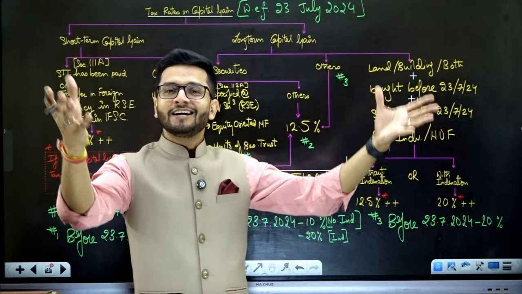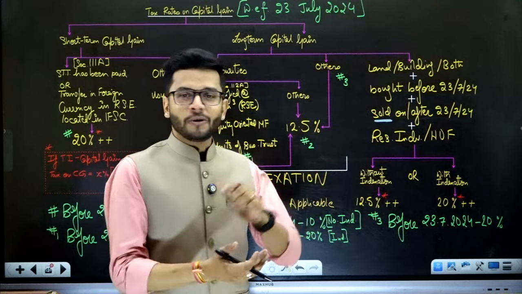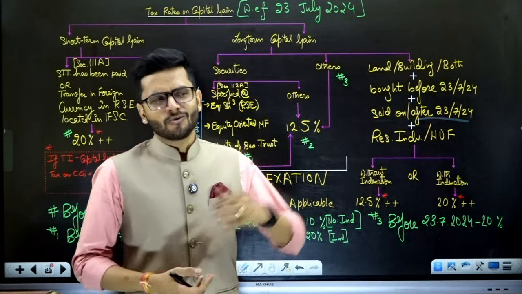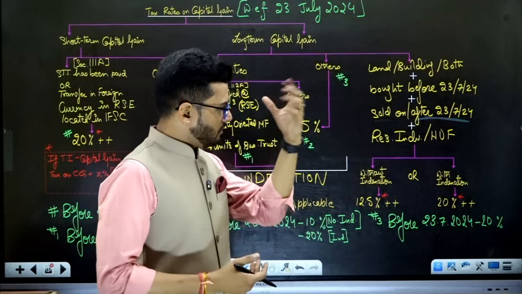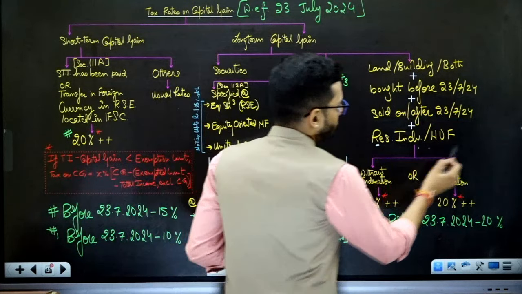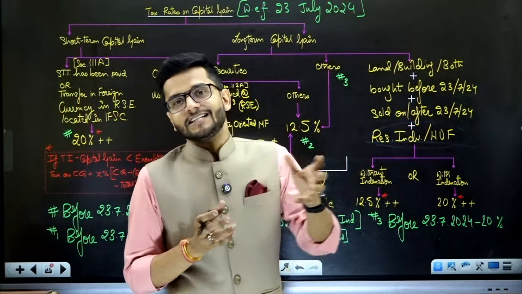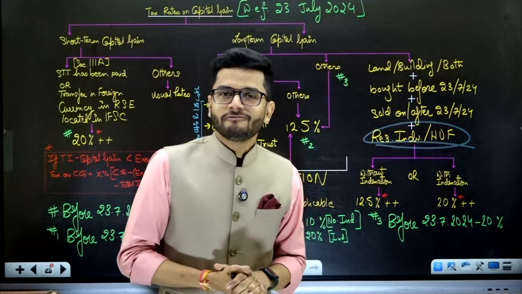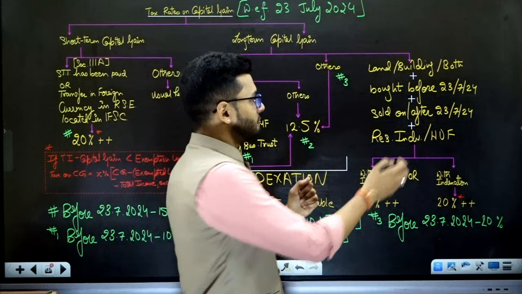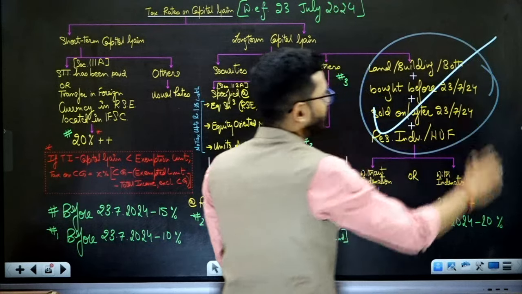Absolutely yes, criteria met. This property has been sold in October or December 2024. Last but not the least, it should be done by a resident individual. Yes, I would assume Revati is a resident individual. So all the 4 criteria are met.